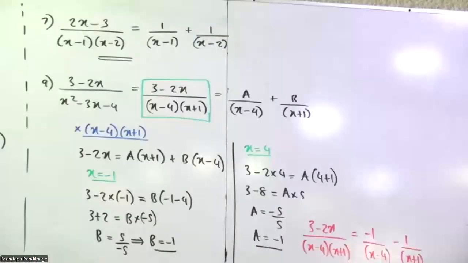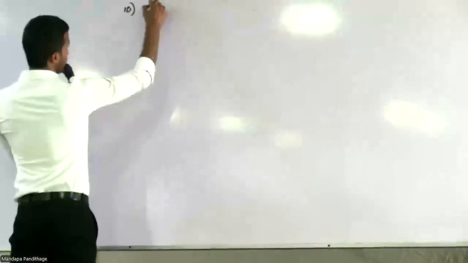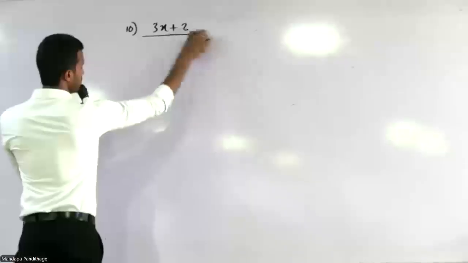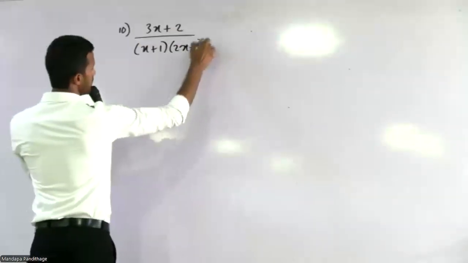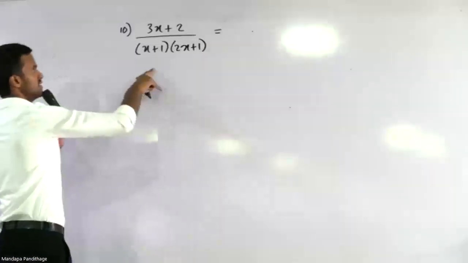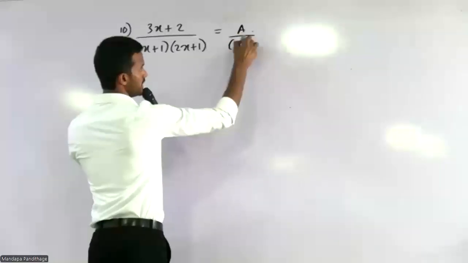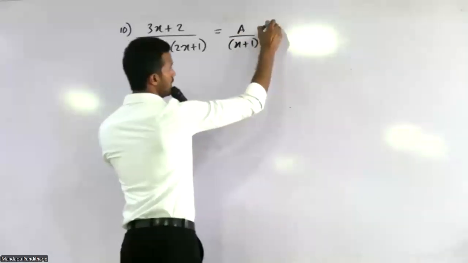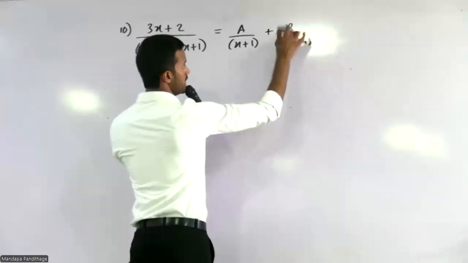Okay, question number 10 is 3x plus 2 over x plus 1, 2x plus 1. So even here it's 1 and 1, no? Okay, let's see. If you take a over x plus 1, b over 2x plus 1.